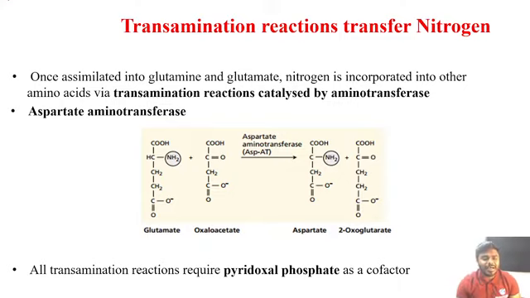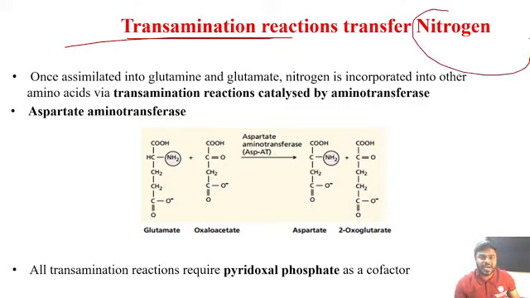Now, what is the reaction we called, friends, transamination reaction? Why does this particular transamination reaction have to take place? In this reaction, friends, we are converting one amino acid into another amino acid. But how?